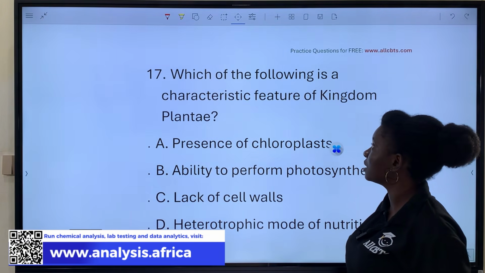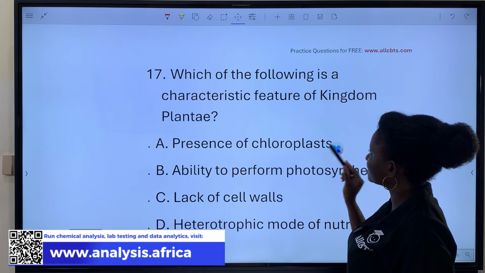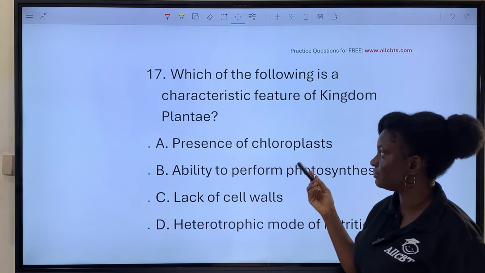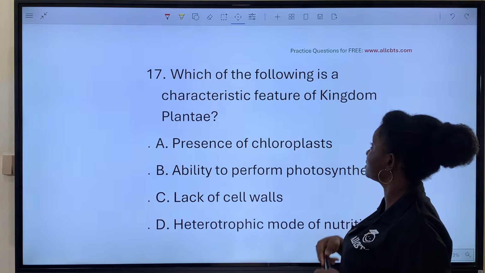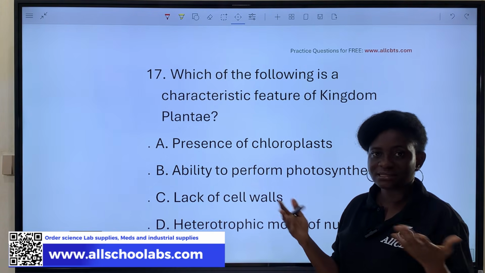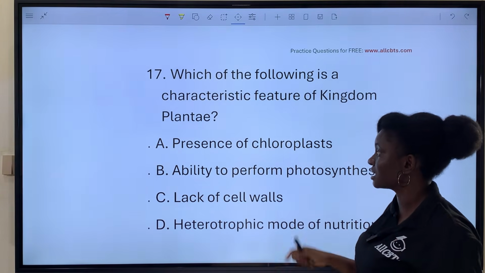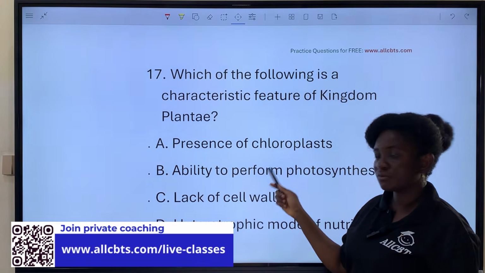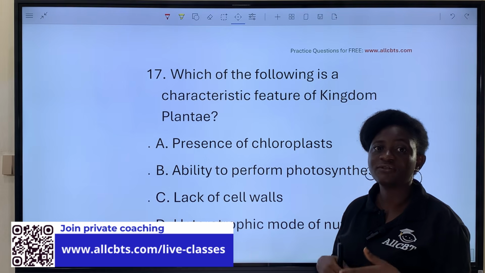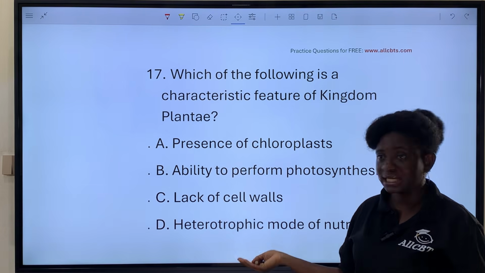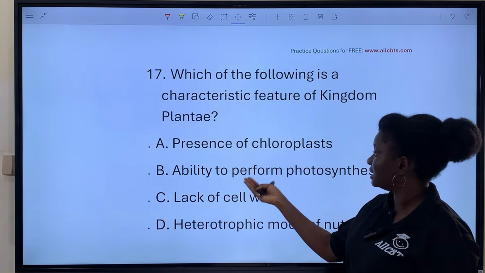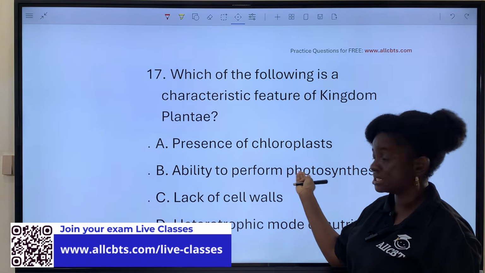Question 17. Which of the following is a characteristic feature of kingdom Plantae? That means which is a characteristic of plants generally. That's what kingdom Plantae means, the plants. So we have A, presence of chloroplasts. Yes, plants have chloroplasts in them, that carry the green pigment, the chlorophyll.